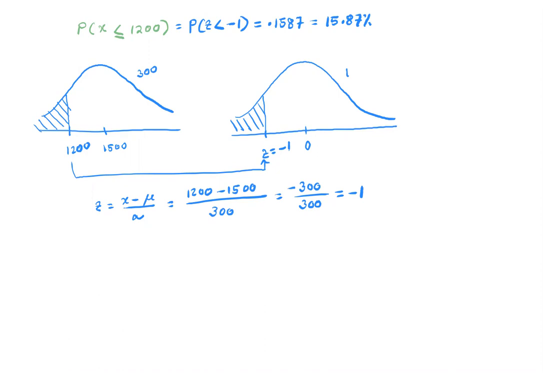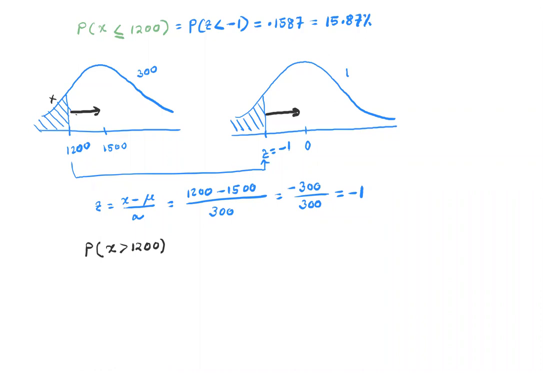Now I'm going to leave this exactly as it is, and I'm going to ask you this: find the probability that someone makes more than $1,200, right? More than 1,200. So in that case, you're not looking at the area to the left. This is not the area of interest, but rather the area of interest is everything to the right.